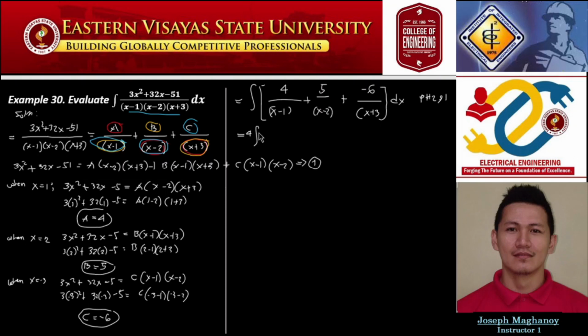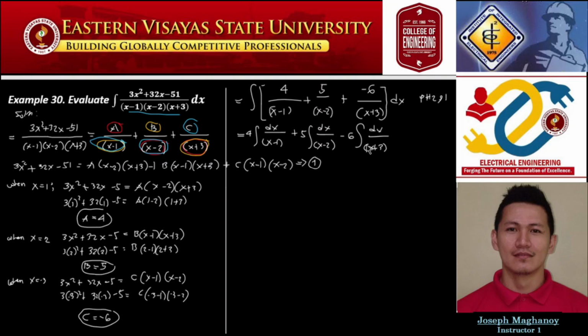So that is 4 integral of dx over x minus 1, plus 5 integral of dx over x minus 2, and we carry out still the real number constant, negative 6 integral of dx over x plus 3.